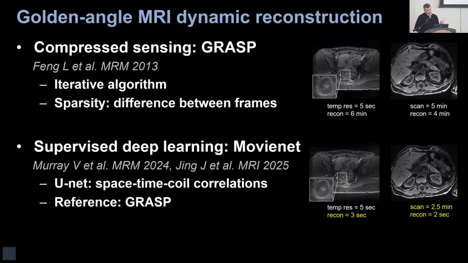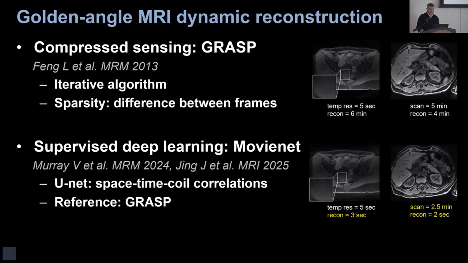But then the problem with supervised deep learning for dynamic MRI is that we don't have access to the ground truth. It's impossible to get a dynamic MR image with simultaneous high spatial resolution and high temporal resolution. So at the time, we used GRASP as the reference to train this Movie network.